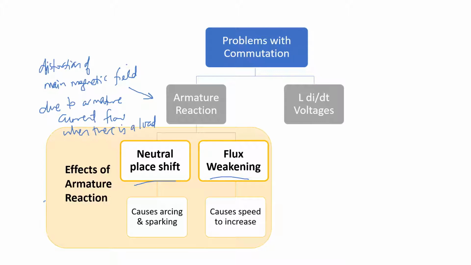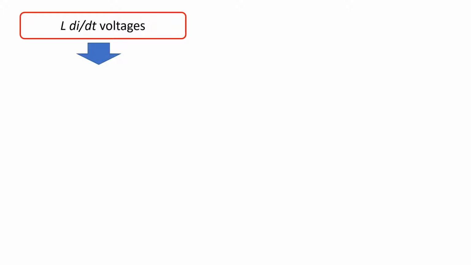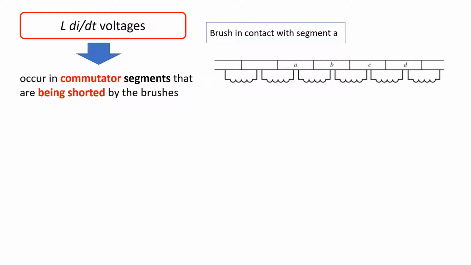So what we're going to look at next is the second problem of commutation, which is the L di/dt voltages. Now, what are L di/dt voltages? These voltages occur in commutator segments that are being shorted by the brushes. So normally, if you can see here in this figure, A, B, C, and D are the commutator segments.